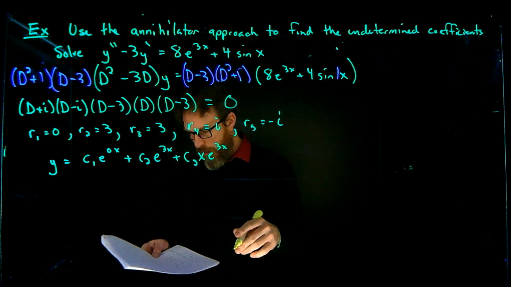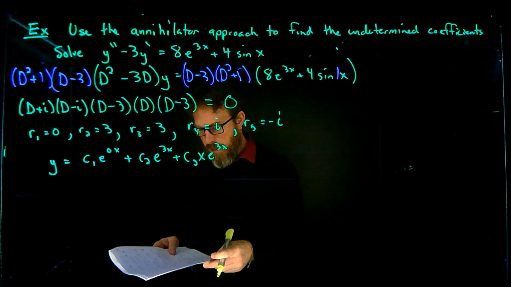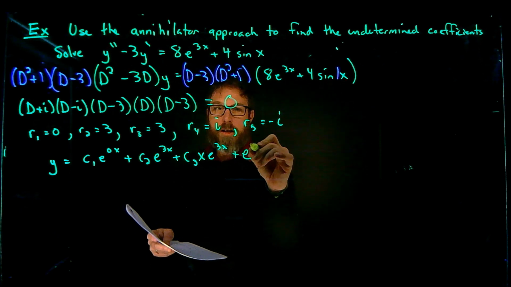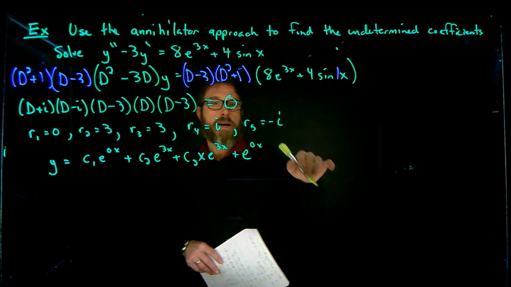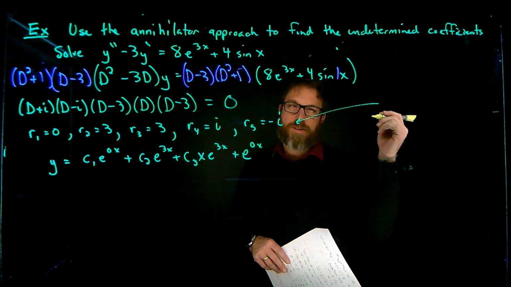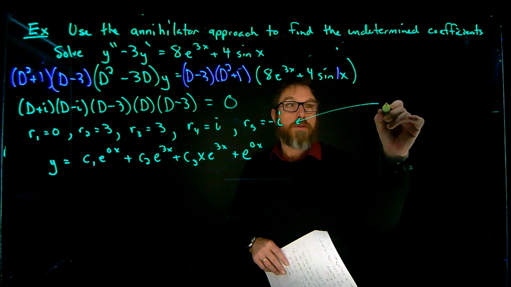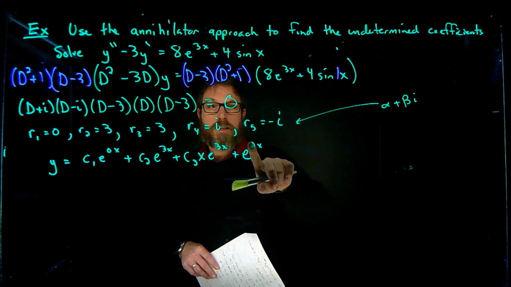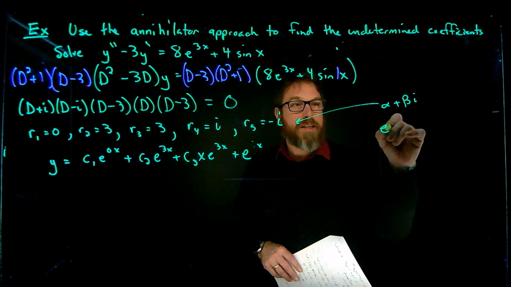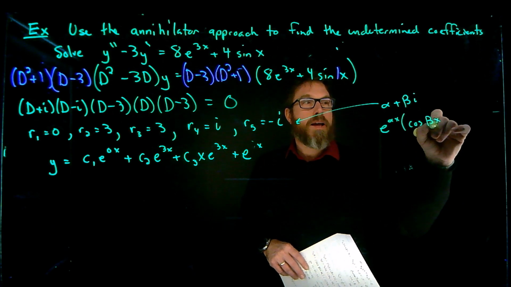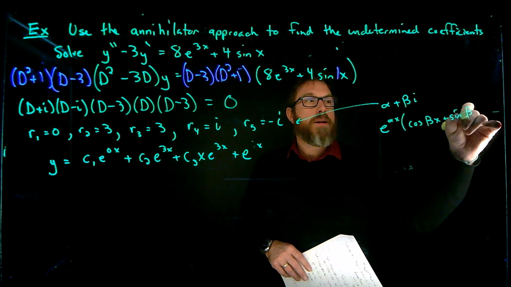And then for the complex roots, we know that these things have to do with trig functions, so this is going to be plus e to the 0x, and the reason why is, let's just investigate this. The way we did it before, we usually use alpha and beta, so alpha plus beta i. The solution is e to the alpha x times the cosine of beta x plus the sine of beta x.